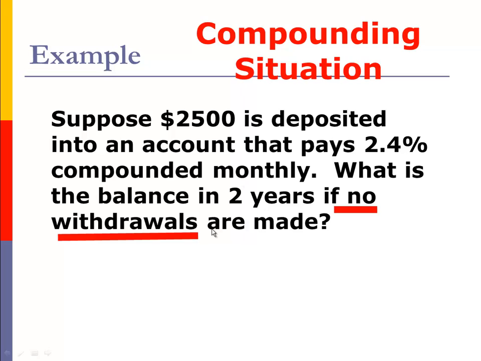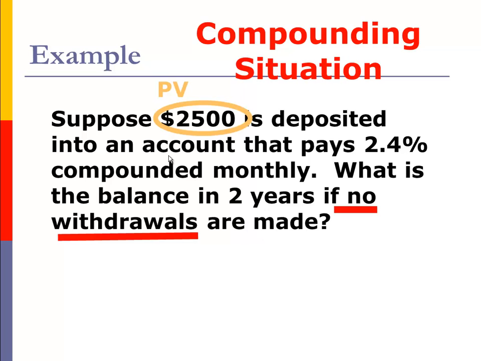We're going to earn interest on our interest, but we're not taking withdrawals. The reason is, if I took out my interest each month, I would actually create simple interest. Simple interest is always calculated on the amount that you put in. You could set up your account that way, or each month take out your interest and create a simple interest that way. So that's why with no withdrawals, I'm thinking compounding.